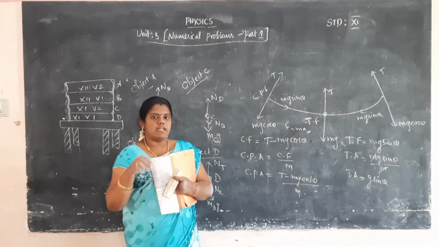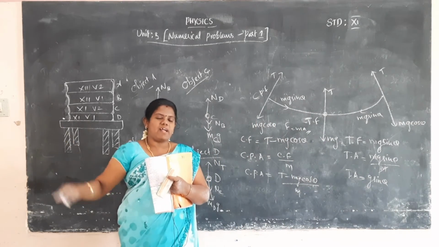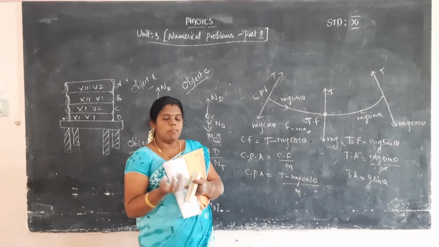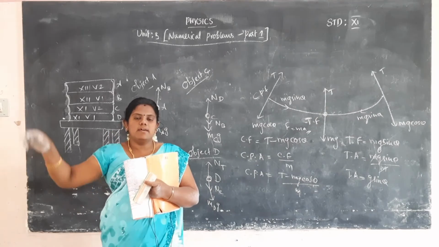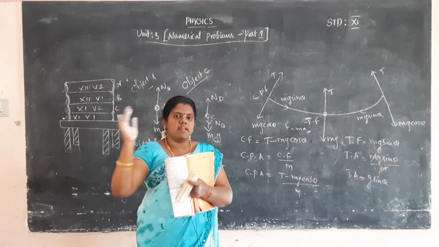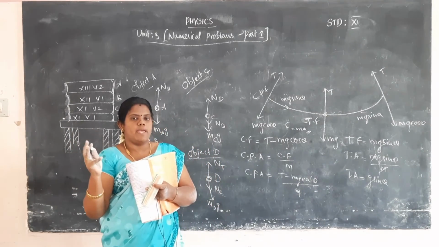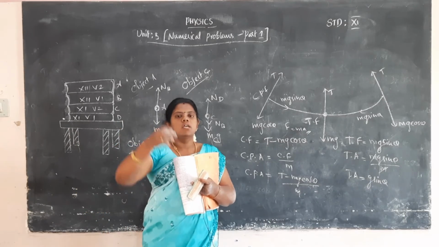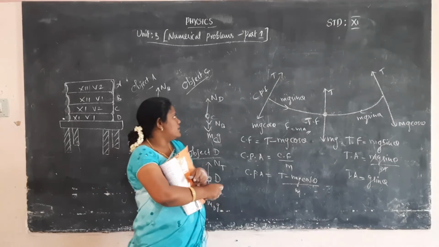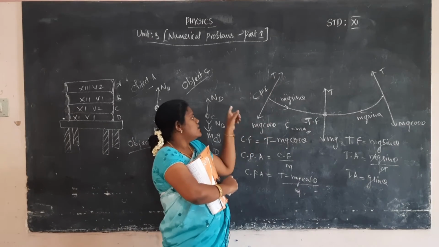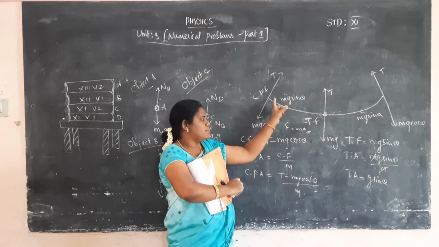One bob is attached to a string and moves back and forth. In the middle part the object is at rest, which is not to be considered, but on the left side and right side, two forces act: one is tangential force, another is centripetal force. Centripetal force is T minus mg cos theta, and tangential force is mg sin theta.